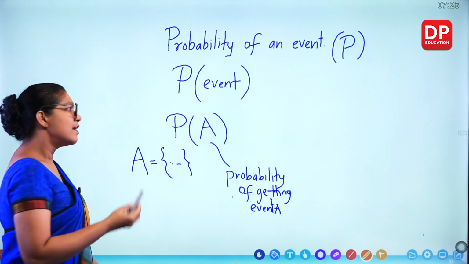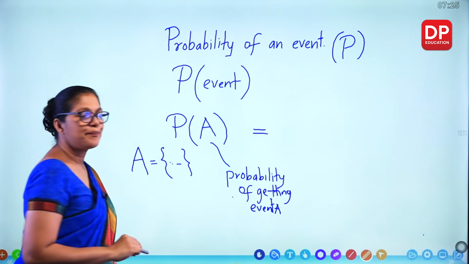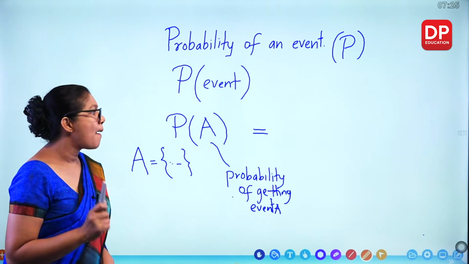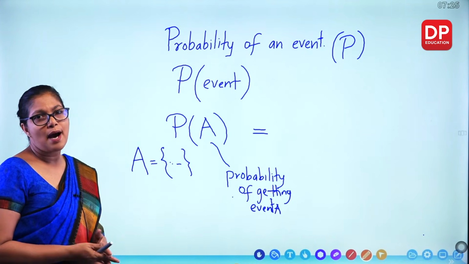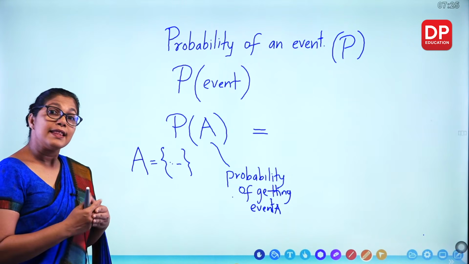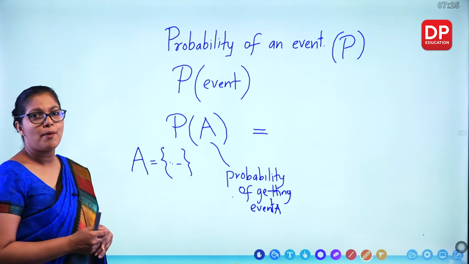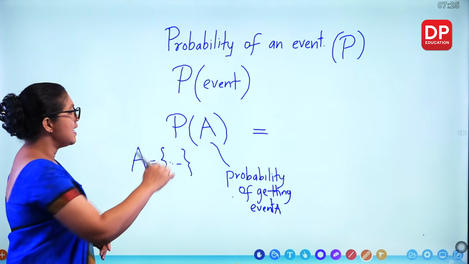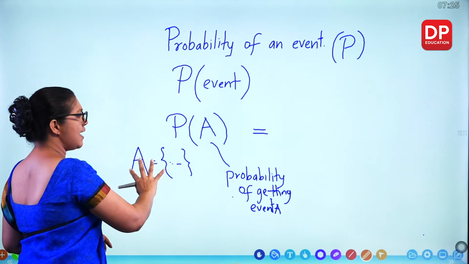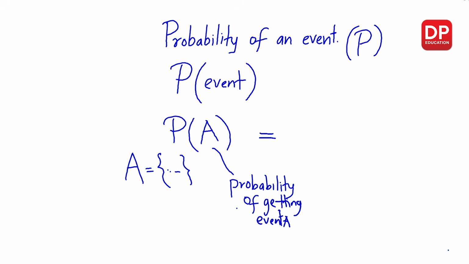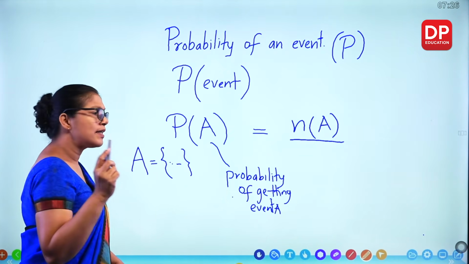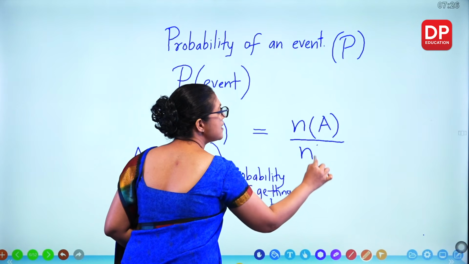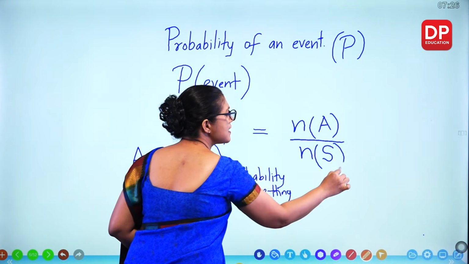That's P(A). So how can we calculate the probability? If we can find out the number of elements in A, divide by the total number of elements in the sample space, we can calculate the probability. So think about any event A. Probability of A is equal to the number of elements in A over the total number, which is the number of elements in S. S means sample space.